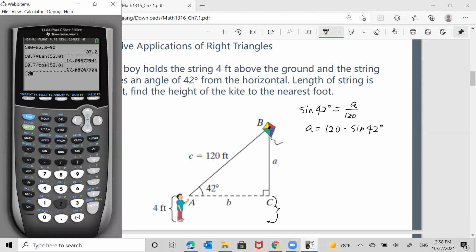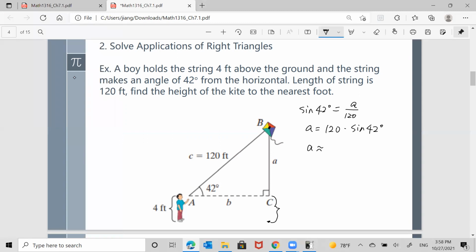So 120 times sine 42 degrees is about 80, because we keep the integers, and the 2 is smaller than 5, so we just cross out the decimals and keep 80. So A is about 80 feet.